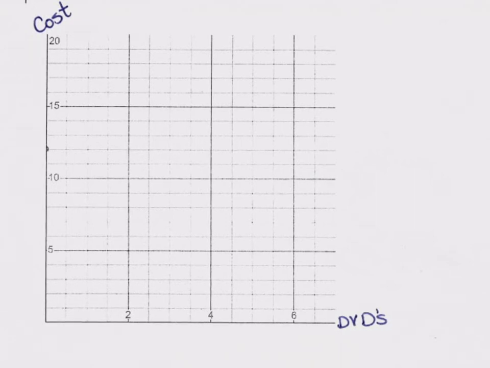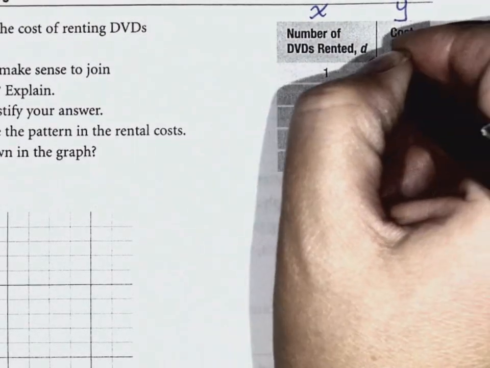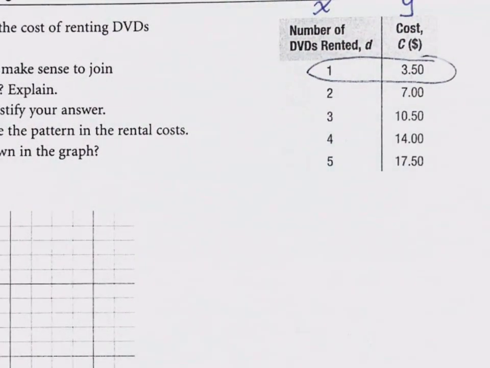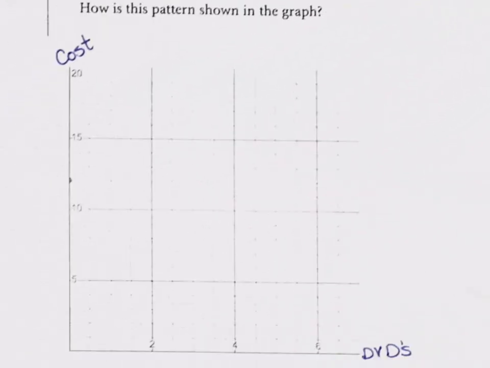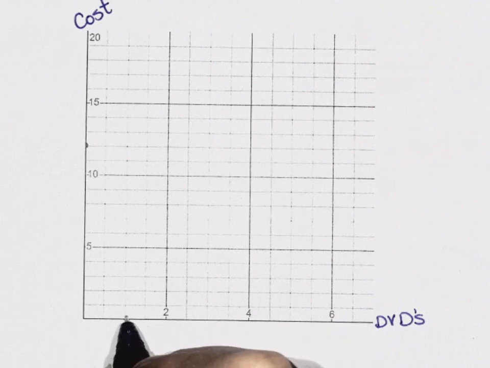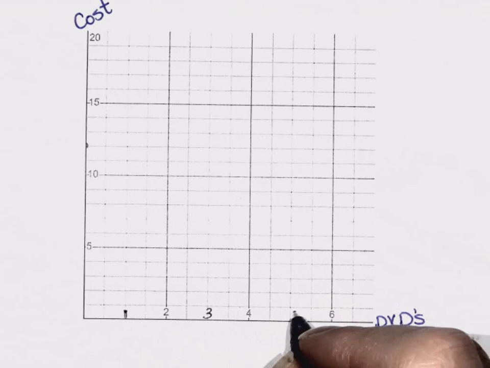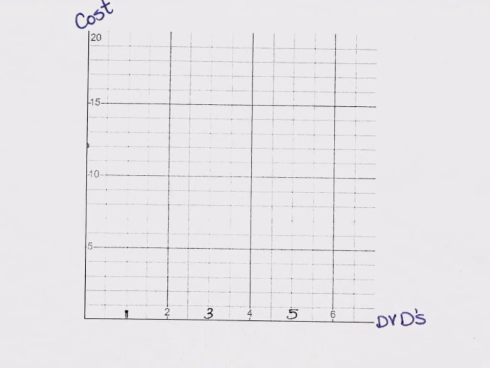Okay, the first data point. We got to graph this guy. $1 and $3.50. So if 2 is here, 1 is right here, and 3 is right here, and 5 is right here. Sometimes I like to have all the numbers labeled so I don't get confused when you're graphing a lot of data. So we're going to go over to one DVD, and we're going to go up to $3.50.